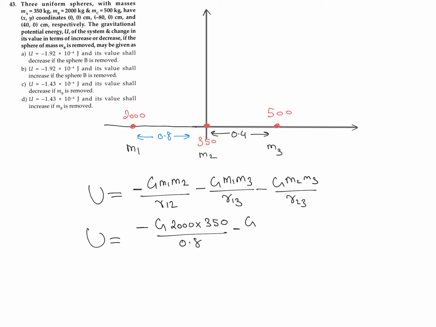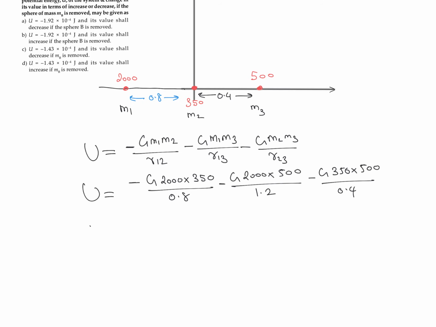For the second case, G into 2000 into 500 divided by the distance between them, 0.8 plus 0.4, which is 1.2 meter. Between m2 and m3, G into 350 into 500 divided by the distance between them, 0.4. If you add all these things, we can find the value of the total potential energy.